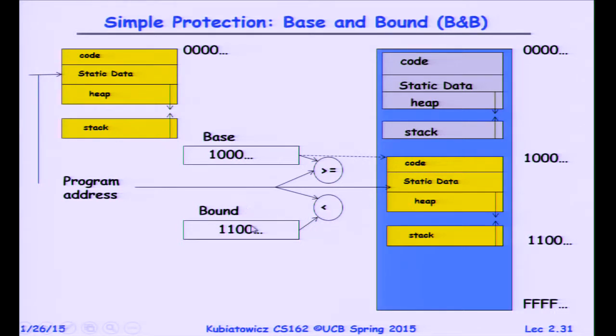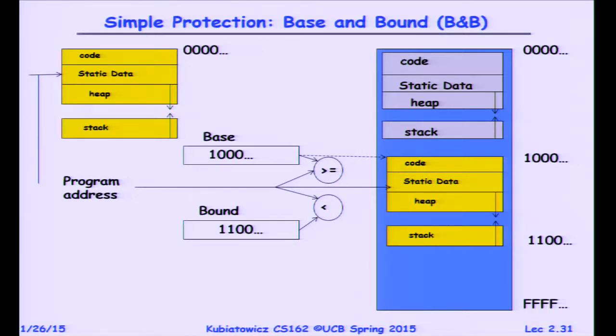And the bound register says this thing running is not allowed to access anything above the bound. So we have this big chunk of memory, but by putting a base and bound on it, we can restrict what the CPU is allowed to access. And now all we have to do is move those base and bounds around as we're multiplexing to give us the illusion that we're multi-threading and to protect different threads from each other, or different processes from each other.